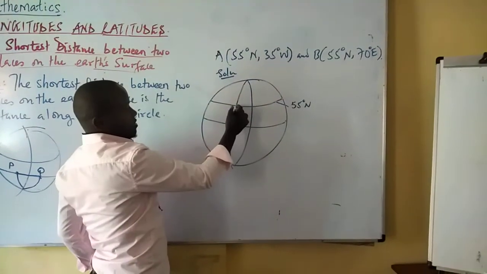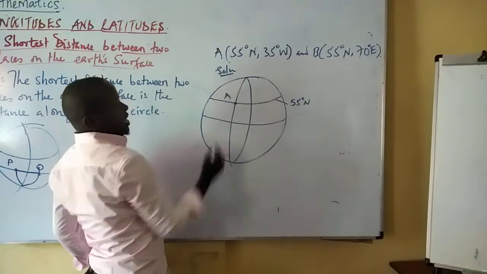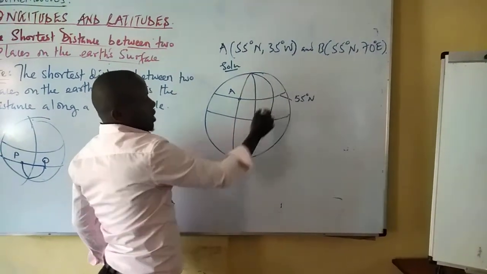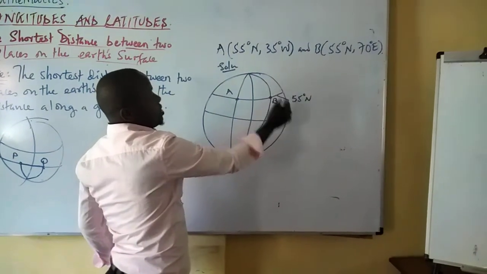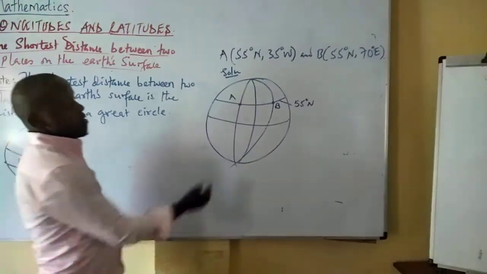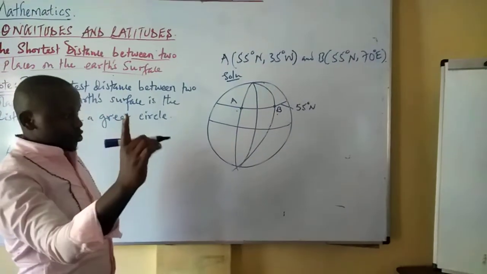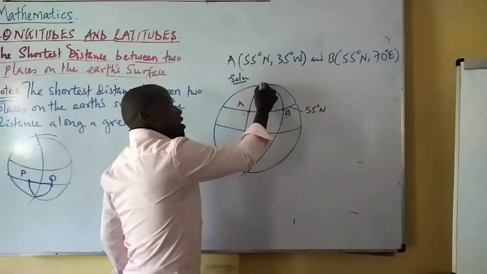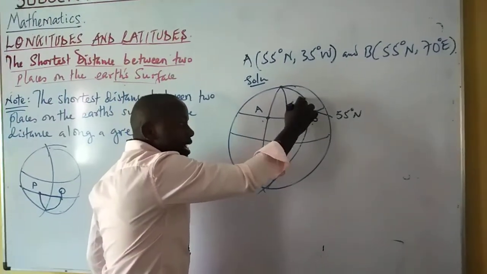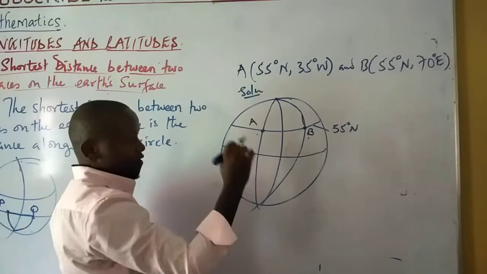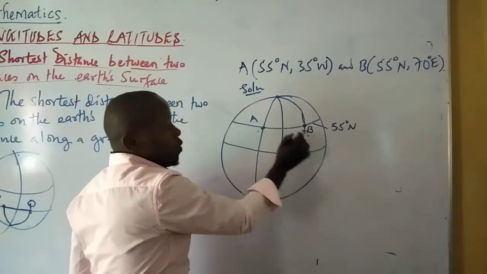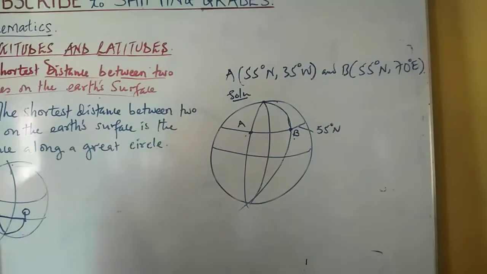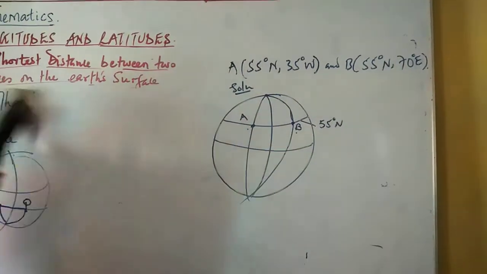So on the west side 35, we will have A. And on the east side 70, we will have B. Therefore, we want the shortest distance from A to B. It is good to note that the shortest distance will be the distance from A to the North Pole and down again through a great circle to B, than following from A to B along the small circle or along the parallel latitude.